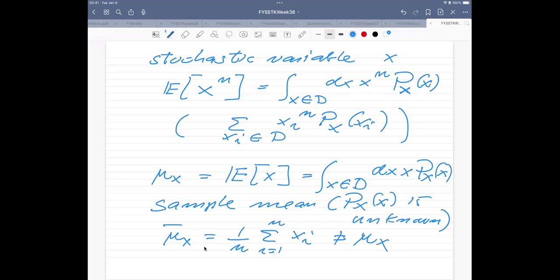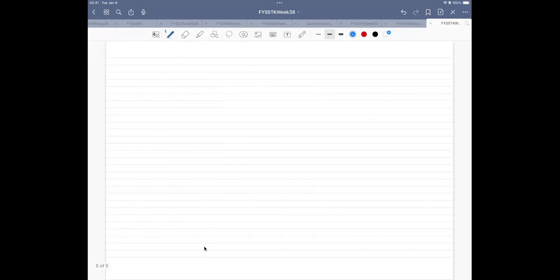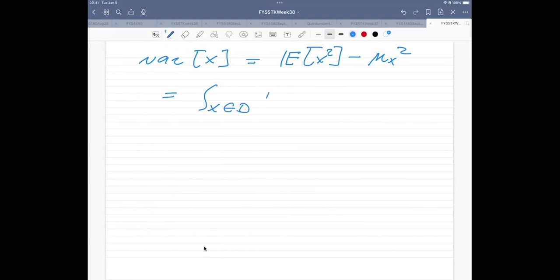And then we have another quantity, which is the variance of this variable x. This is something which I'm going to write as the expectation value of x squared minus mu of x squared. And if we are looking at the continuous distribution, this is the integral of p of x dx times (x minus mu of x) squared.